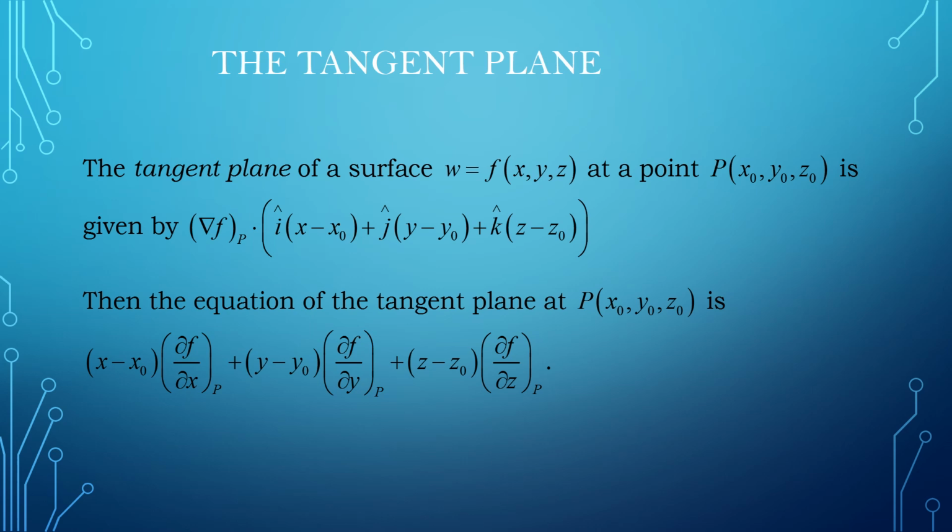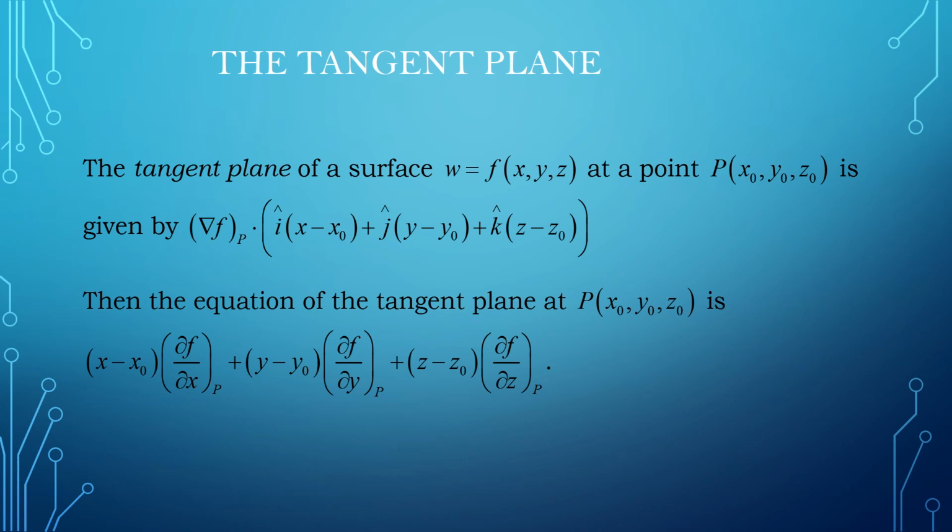Let's see what is the equation of this tangent plane. To find the tangent plane of the given surface at the point P (x0, y0, z0), we need to find the dot product between del f and (x minus x0) i cap plus (y minus y0) j cap plus (z minus z0) k cap.